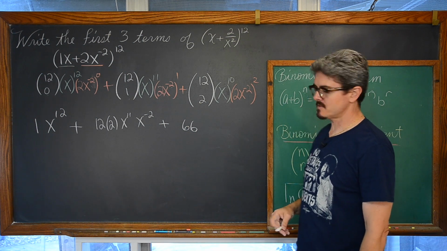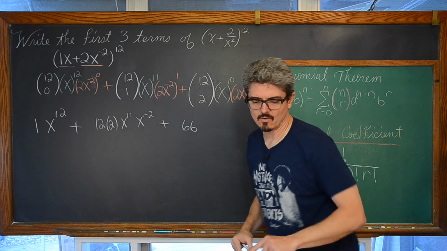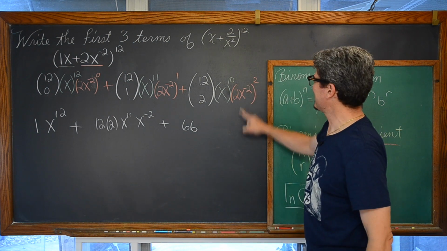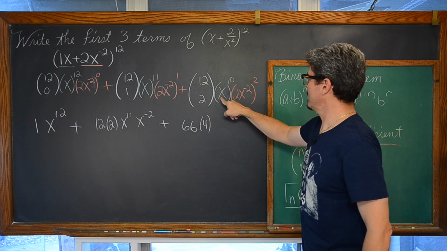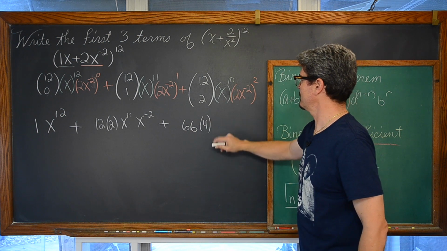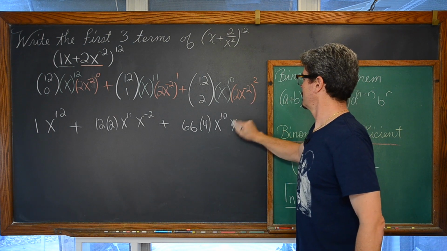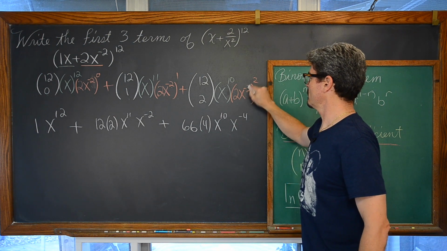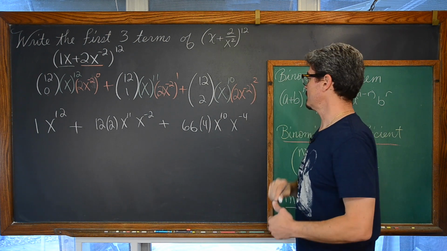And we've got a wrong answer in my notes. We've got a 2 squared, which is equal to 4. We have an x to the 10th and an x to the negative 4th, because negative 2 raised to the second power, that's power to power you multiply, that's x to the negative 4th.